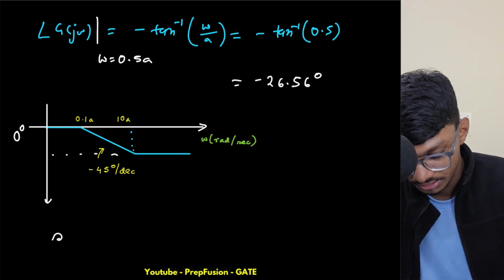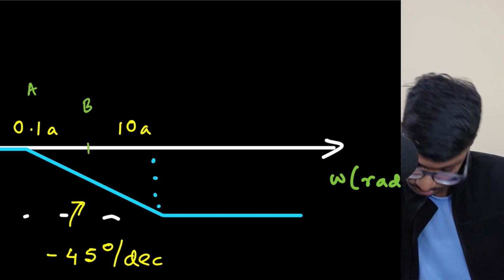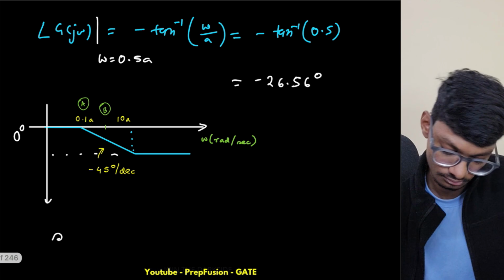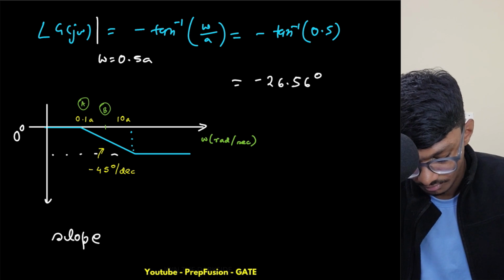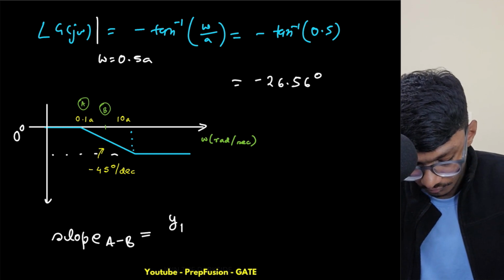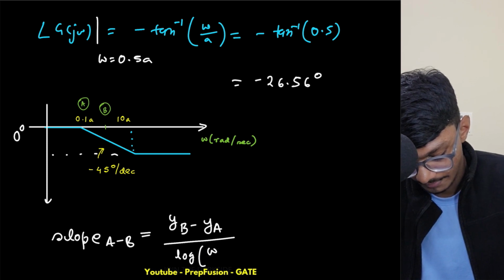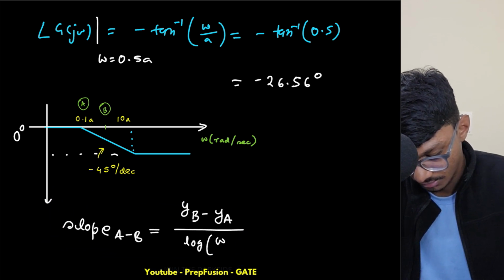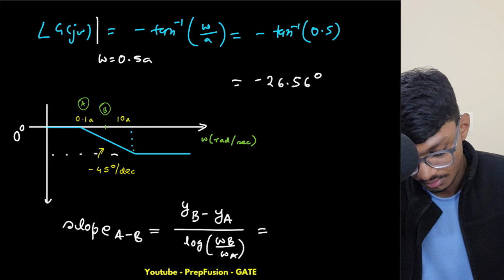Let me mark a few points here. This is A and this is B. So slope A comma B equals yb minus ya divided by log of omega b by omega a.